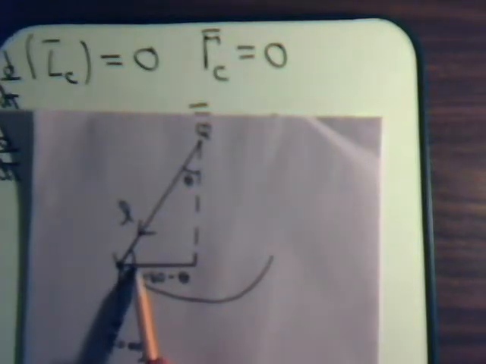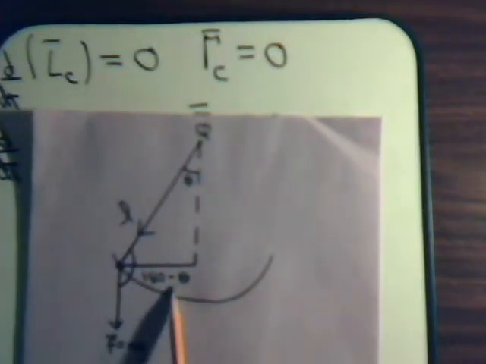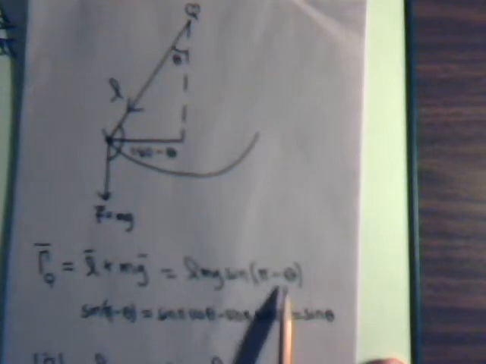This angle is 90, so this big angle is going to be 90 plus 90 minus theta. It's going to be 180 minus theta. So the magnitude of the torque is going to be Lmg times the sine of pi minus theta, but that's just the same as the sine of theta.